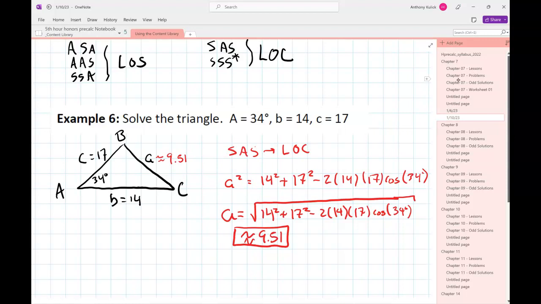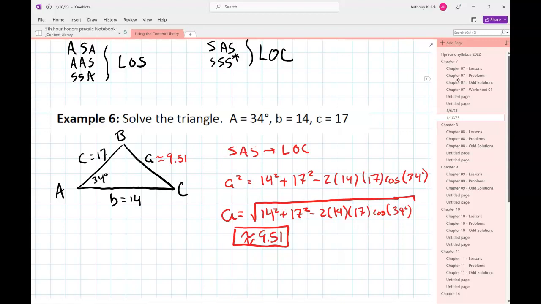If I'm solving for one of these other angles, I now have an SSA situation. So I want to do everything in my power to avoid running into that ambiguous case. Everybody's okay with that? That's why the order in which I do this is going to matter, because I don't want to run into the ambiguous case and have to grind through two sets of answers and try to figure out which set of answers is even the correct set.